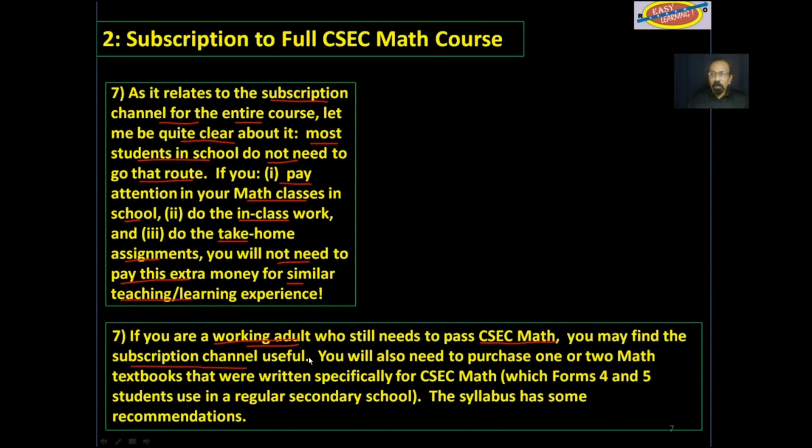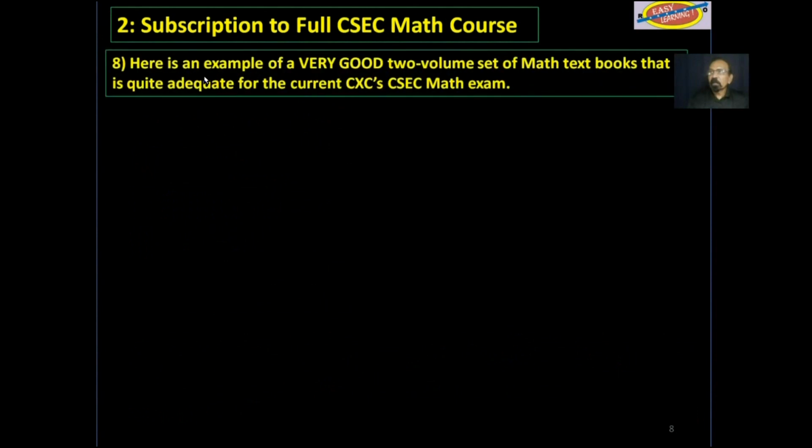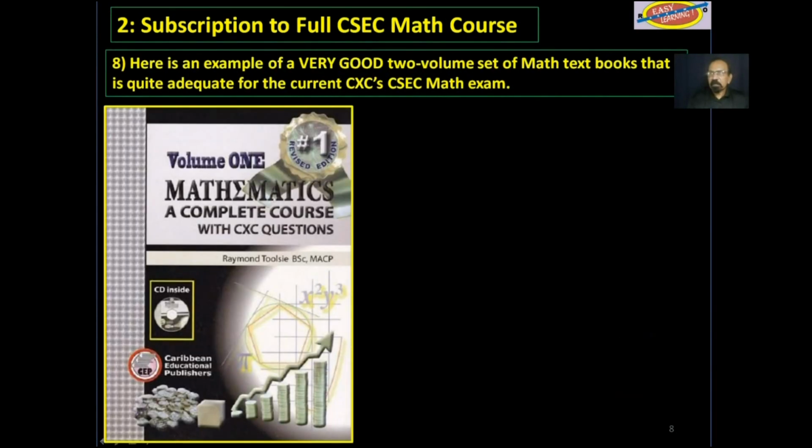You will also need to purchase 1 or 2 math textbooks that were written specifically for CSEC Math, which the Forms 4 and 5 students would normally use in regular classes. The syllabus has some recommendations, and the one I find most important here is an example of a very good two-volume set of math textbooks recommended by CSEC.